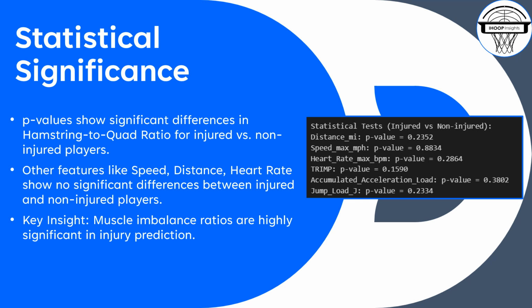The t-test is applied to both of these groups and the p-value is calculated for each metric. So we wanted to see whether there was any statistically significant difference between injured and non-injured players. Based on our statistics, there isn't any significant difference between both of the players for this metric. So let's move on to the next slide.